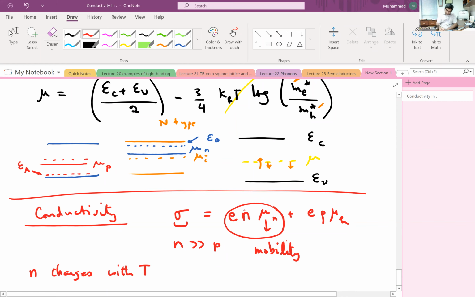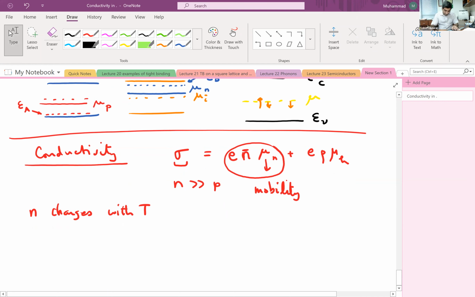I need to find out how N changes with T, and I also need to find out how the mobility changes with T. Both of them have an important role to play in determining the overall conductivity of the semiconductor.